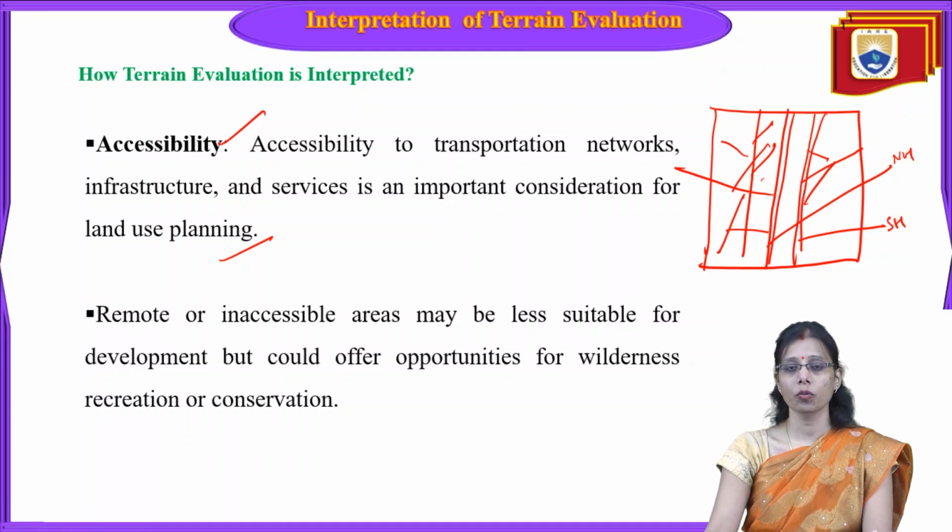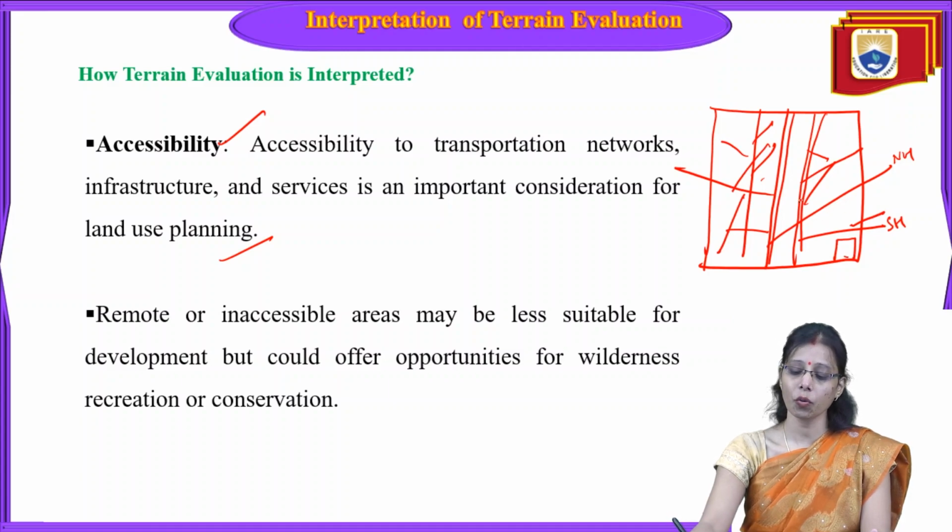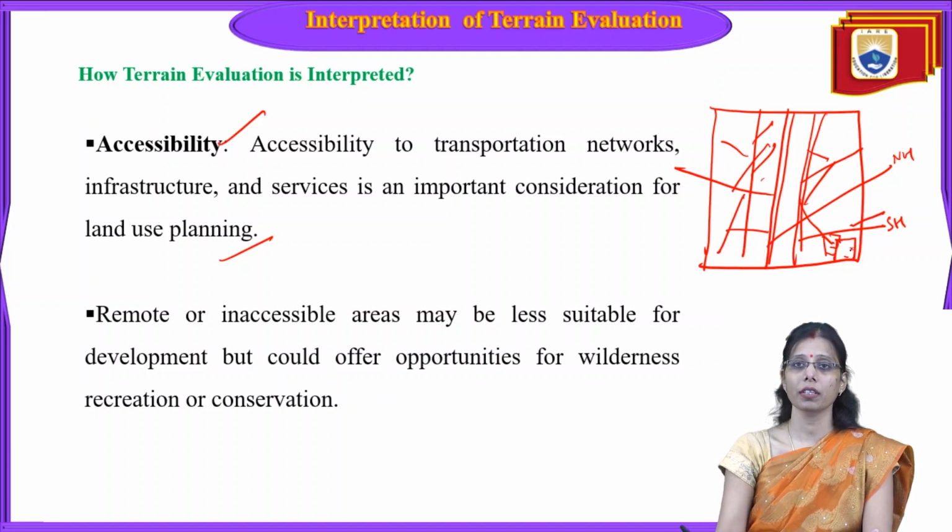Suppose somebody wants to go for construction work, and they see this terrain has more transportation networks, then it's good and important for the consideration of land use planning, because if construction will be somewhere here and they want to reach this point, the accessibility should be good for transportation methods, right?